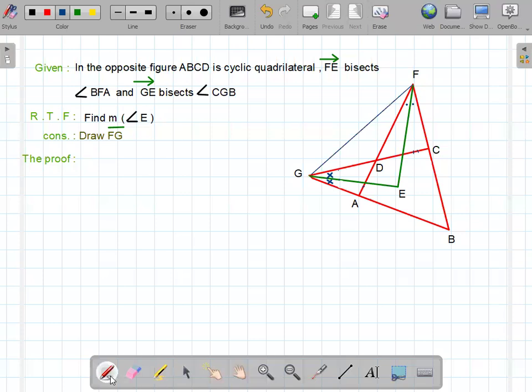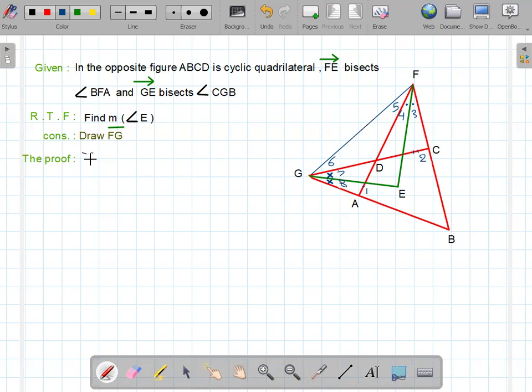If we say this is 1, 2, 3, 4, 5, 6, 7, 8. We know that measure of 3 equals measure of 4, and measure of 7 equals measure of 8. Let us start.